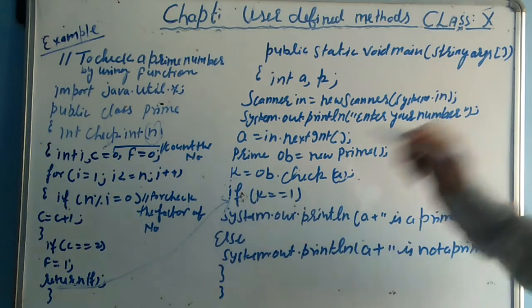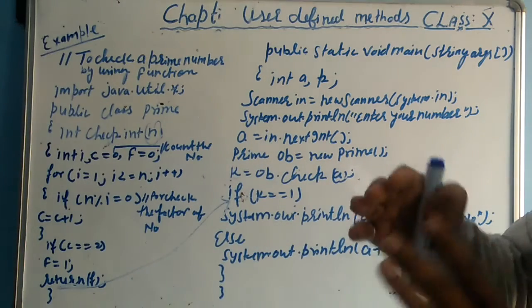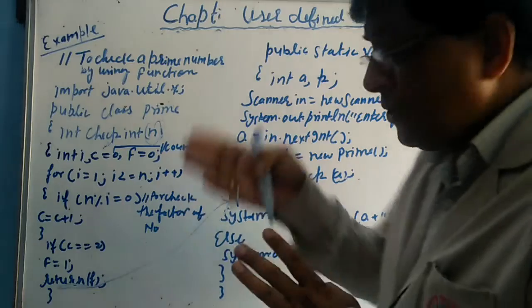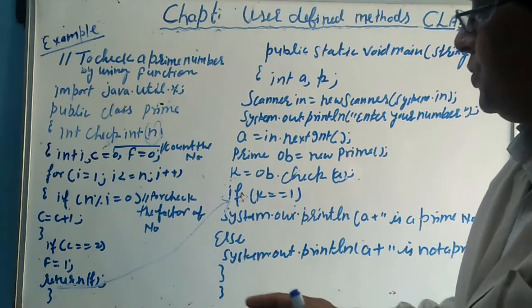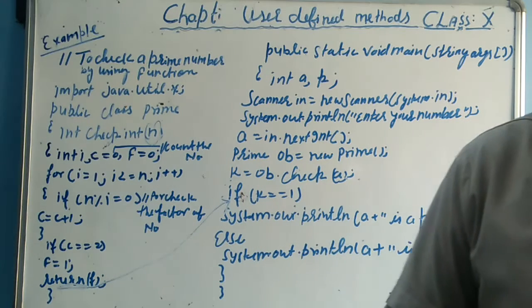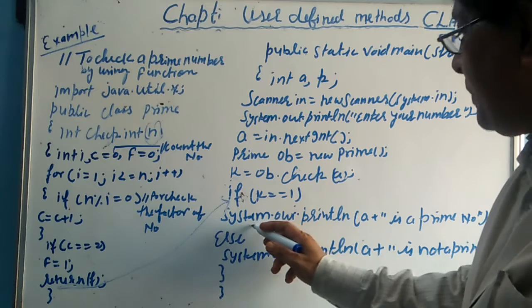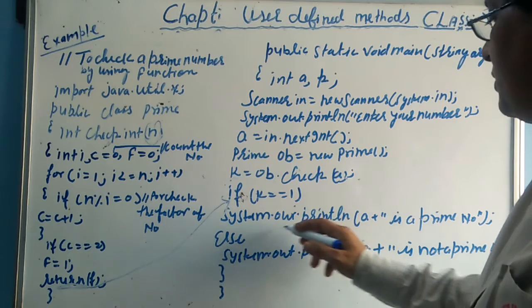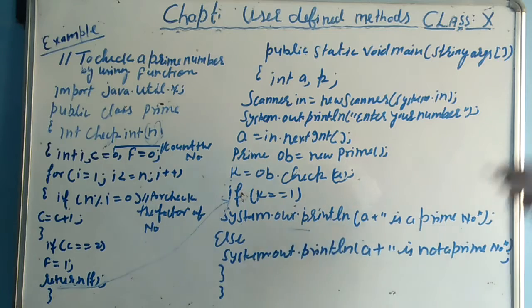If k is equal to 1, it means the factors of the number given by you are 1 and itself, so then it will print System.out.print a is a prime number.